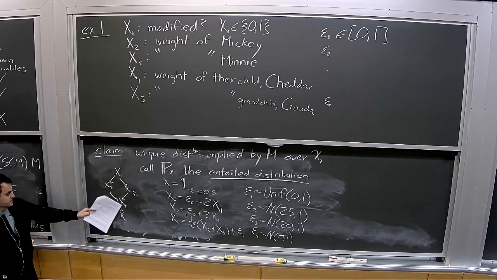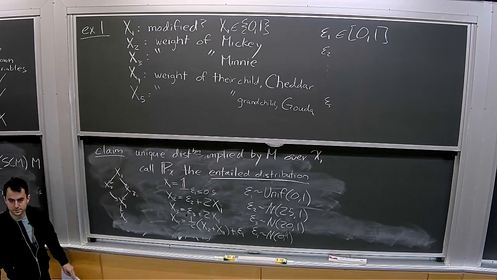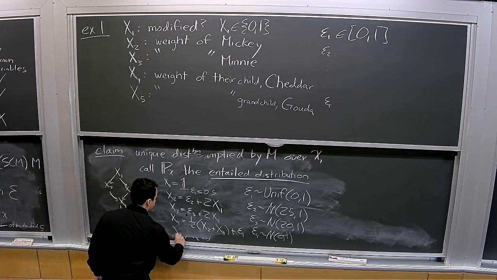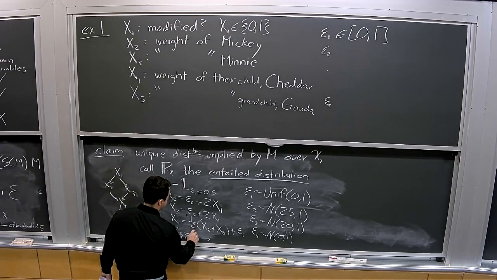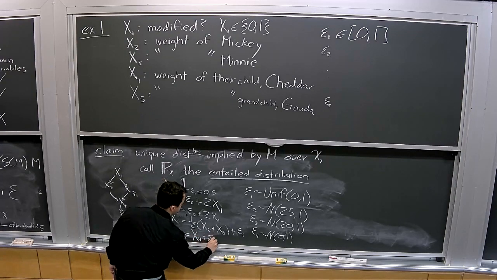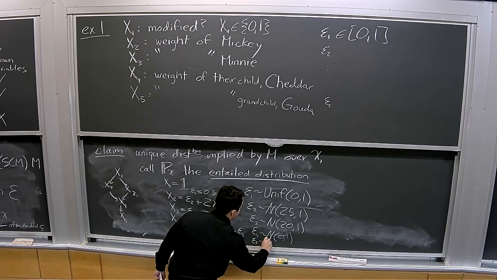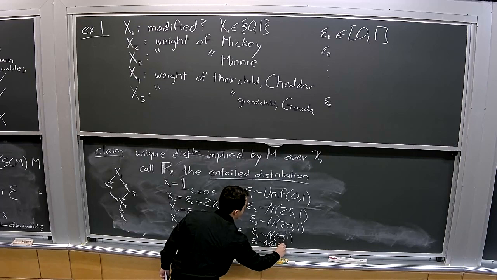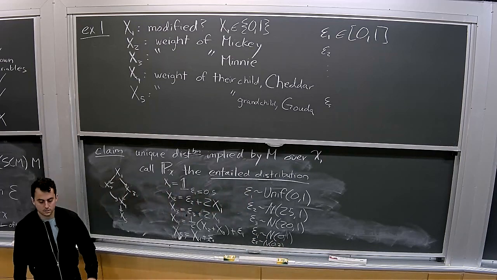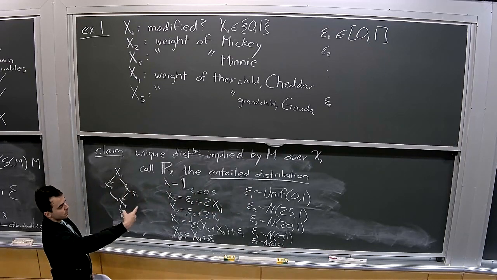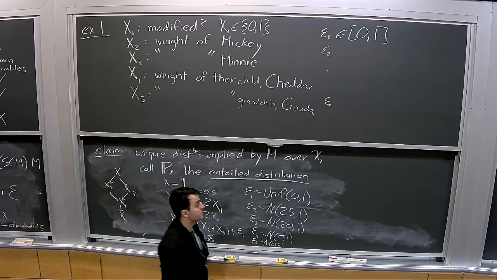And then maybe because I don't know both of the parents for x5, I only know one of them, I'm going to guess again that it's going to be this mean, and then it's going to be, say, something, this epsilon 5 might have a higher variance, so it might be mean 0, variance 2. Right? And then I can get from this the entailed distribution.